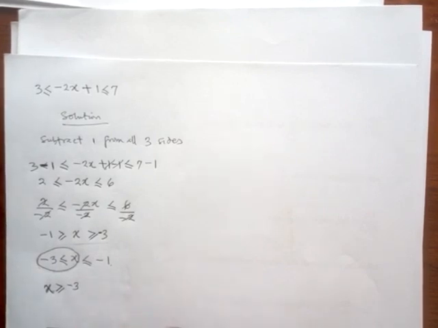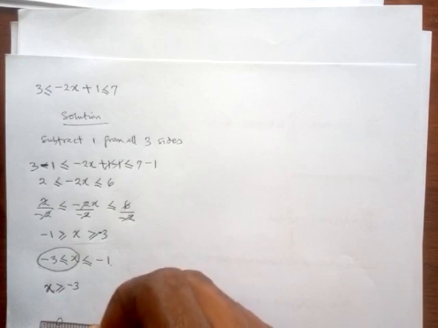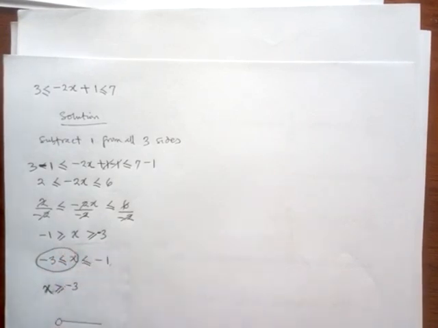Let's call this 0. Let's quickly call this minus 3. Let's call this 3. Let's call this 6. So you come here and then draw your line in this direction. Don't forget, you have to shade this because this is greater than or equal to.